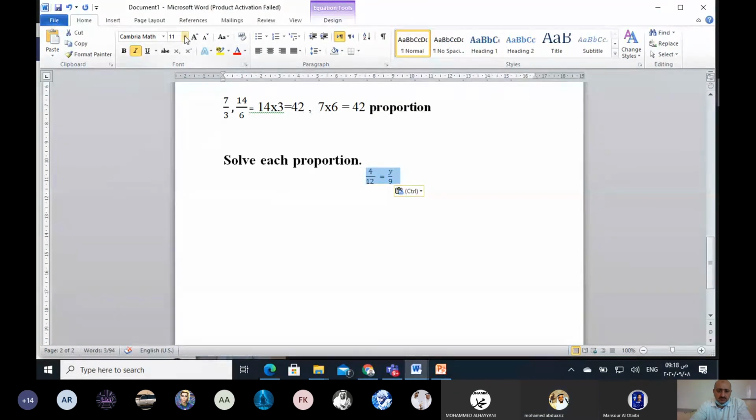Here we have a problem. I want to solve this problem. I want to know what is the value of y. Take 2 minutes to find the value of y and tell me. You have 2 minutes. Yalla, start.